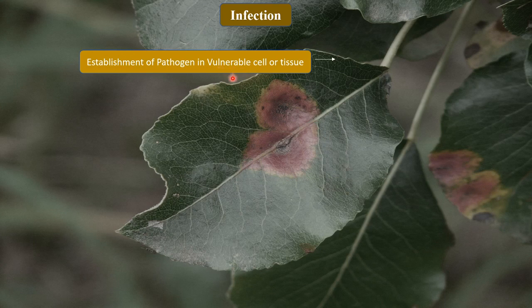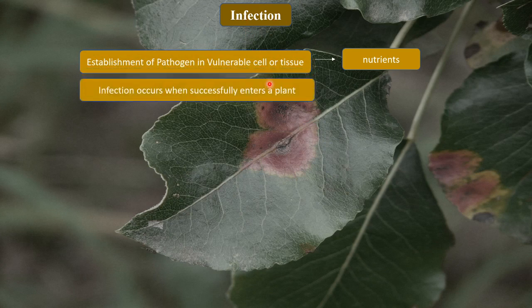So why does this establishment take place? It is mainly for nutrients, right? The pathogen will establish itself in the host in search of nutrients, because the fungus, the pathogen, requires nutrients to grow, and it will obtain those nutrients from the host plant, right? In other words, it is going to infect the host.